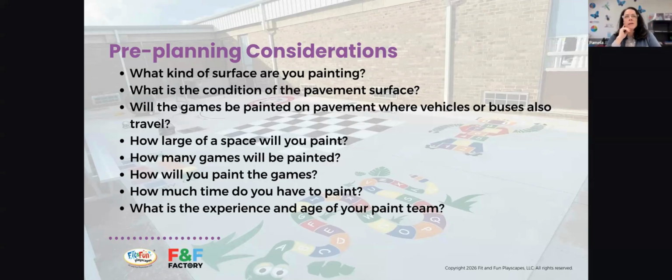How large of a space will you paint? How many games will be painted? How will you paint the games? And how much time do you have to paint? And then again, like I mentioned before, what is the experience and the age group of your team? Are there kids out there or not? So all of these questions should help you form where, when, and how you will be painting.